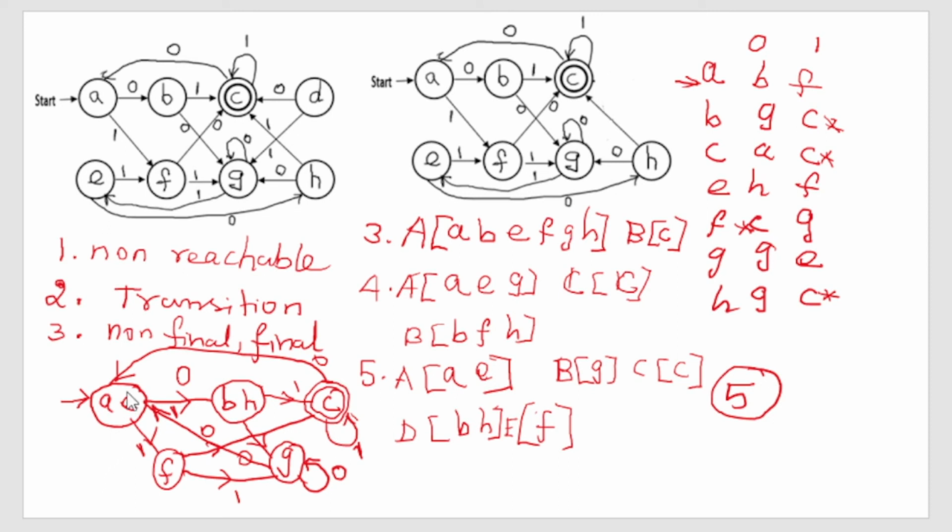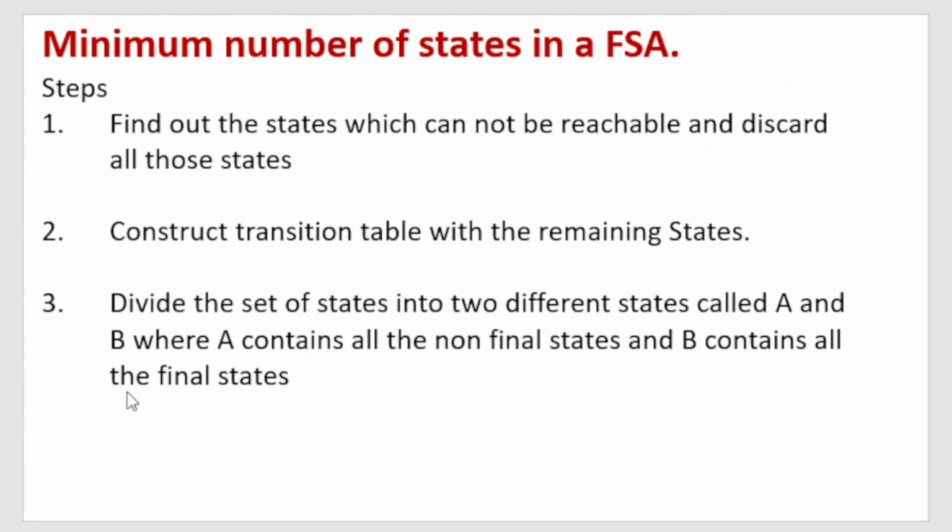So how to construct the minimum number of states, or find out the minimum number of states for a particular transition diagram or transition table? We have to follow these steps. Let me summarize the points again. The minimum number of states in a FSA can be constructed by following all these steps.